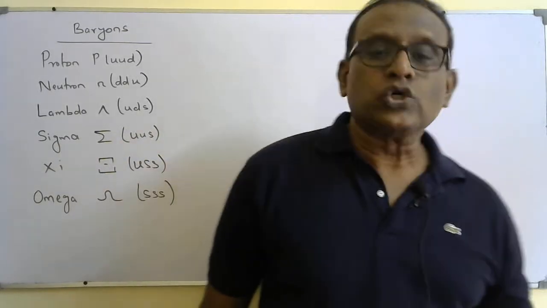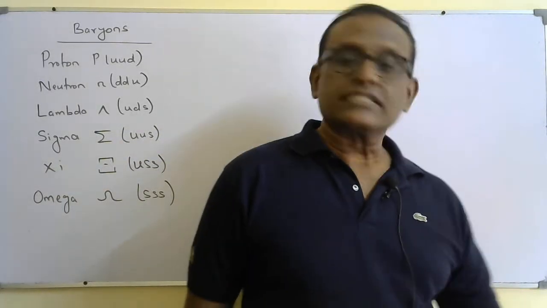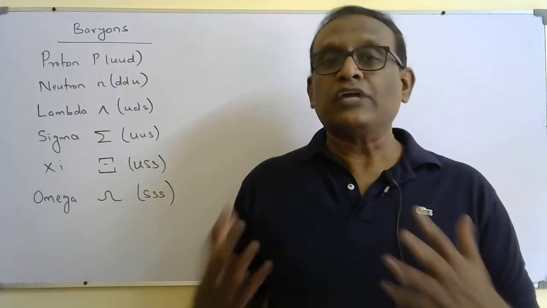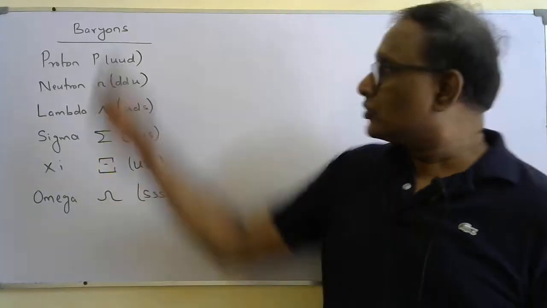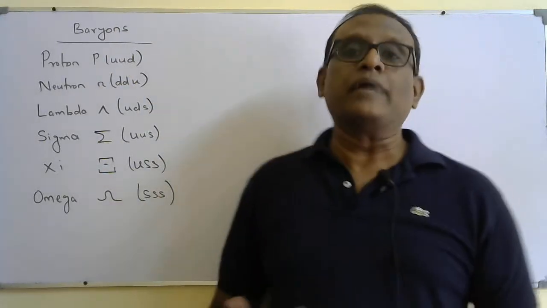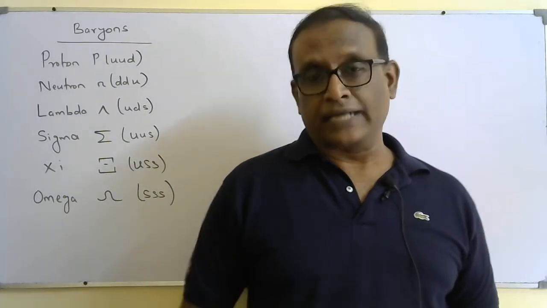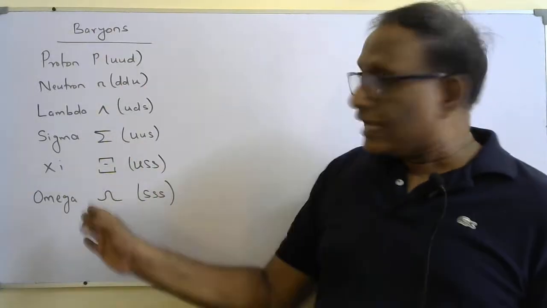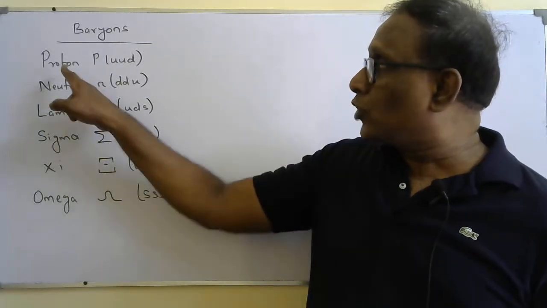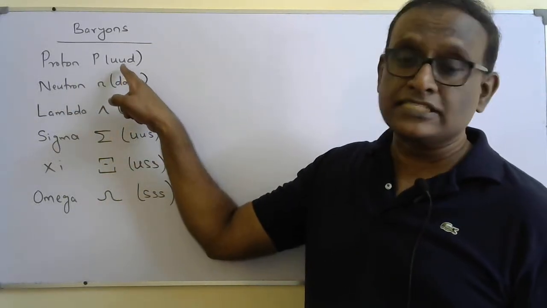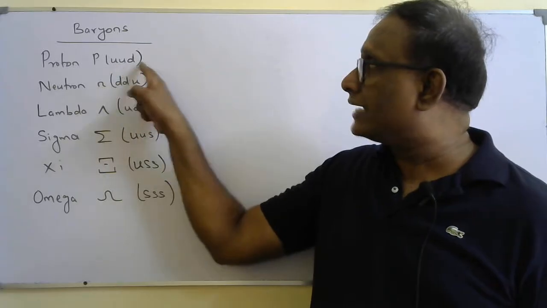Okay, so just now I told you a particle which is made of 3 quarks is called a baryon. There are several baryons created by using the energy of the accelerated particles. Examples of a few baryons: proton, which consists of two up quarks and a down quark.